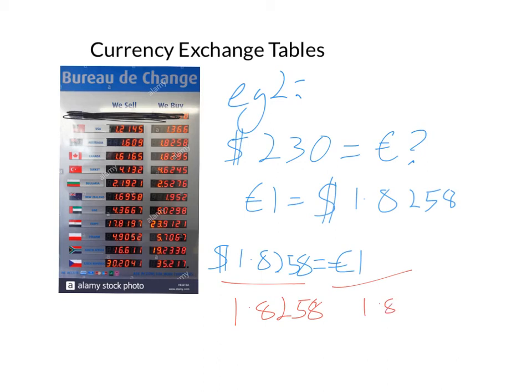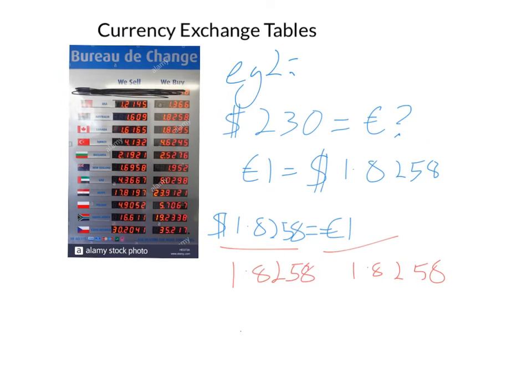Divide our 1 by 1.8258. On the left hand side this gives us $1. And on the right hand side we get €0.5477. Now there are more decimal places. I'm just going to keep it to 4 because that's the amount of decimals given in the exchange rate originally by the bank. So now we know that $1 is equal to 0.5477 euros.